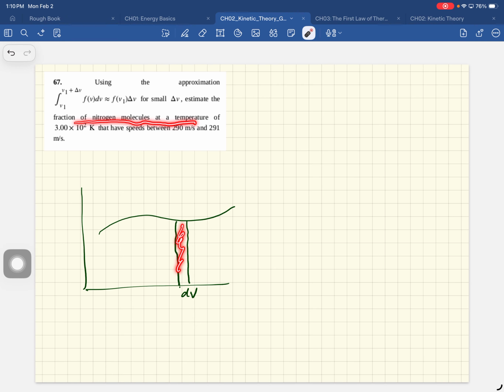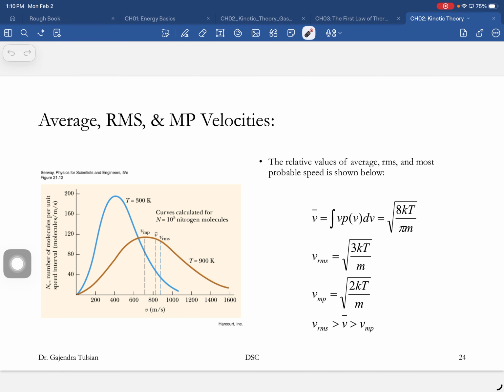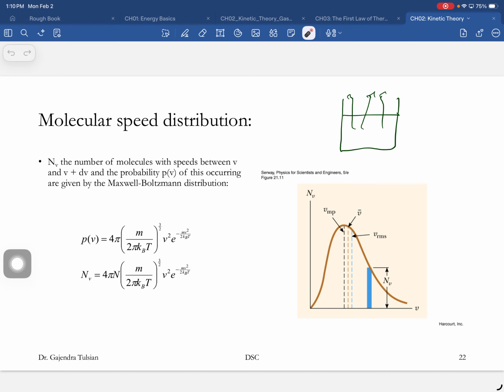So delta n by N equals 4 pi, m over 2 pi R T to the power 3/2, v squared, e to the power minus m v squared over 2 R T. And delta v is 1 meter per second.